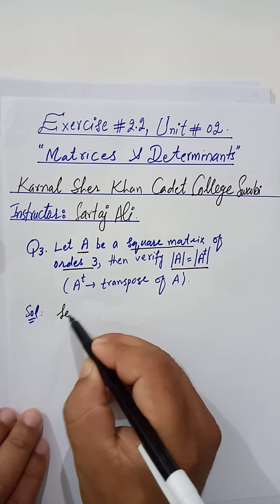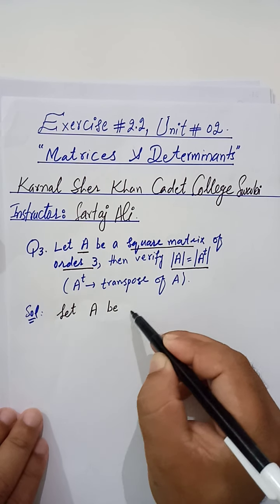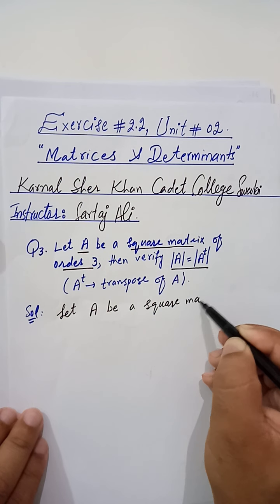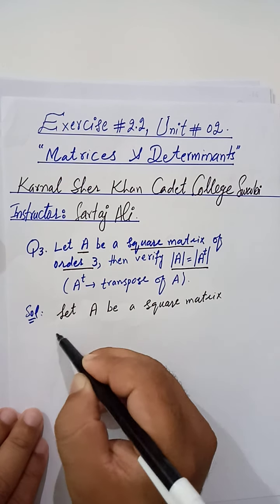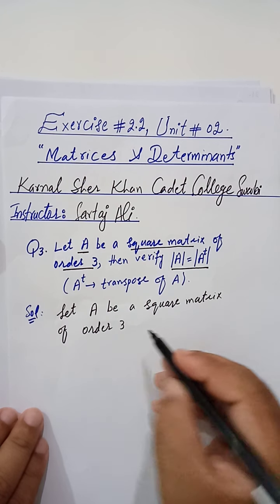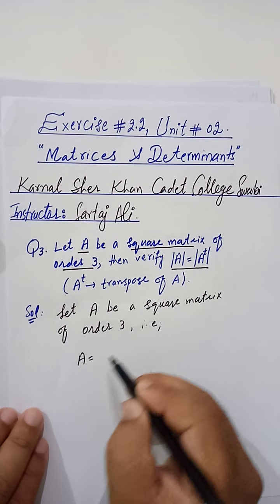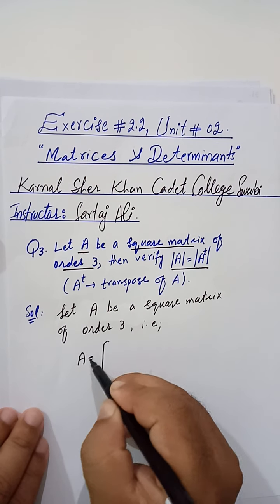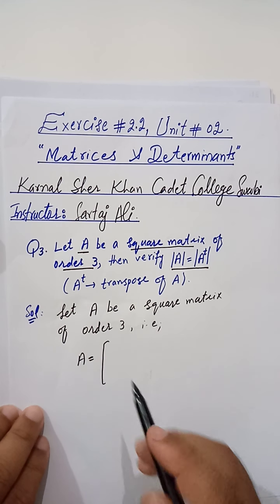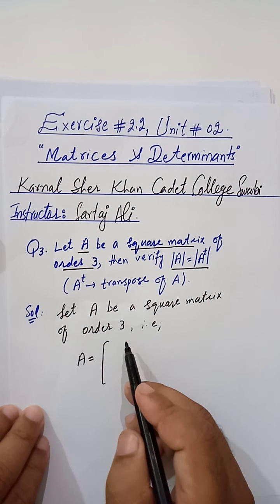So let us consider, let A be a square matrix of order 3, that is A equal to a matrix which contain the elements in the general form, and the order must be 3 by 3, mean there are 3 rows and 3 columns.